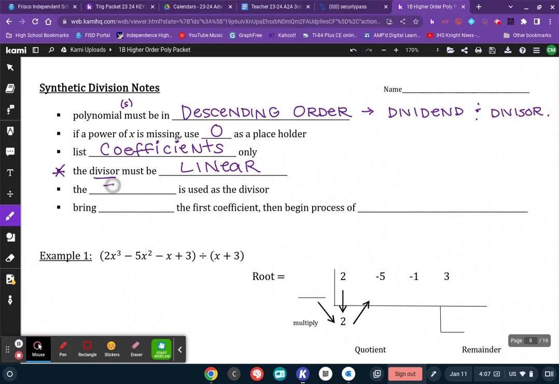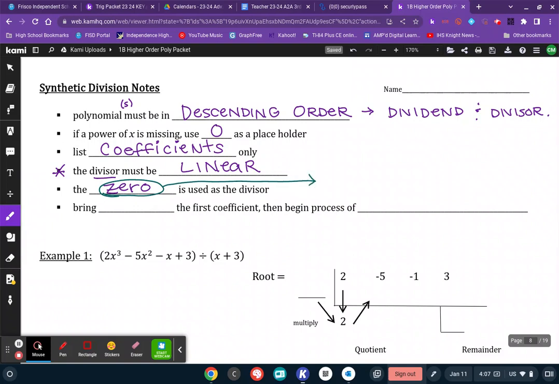The 0 or the root is used as the divisor. So if given a factor, we have to convert that into the 0 or the root. And just as a reminder, a 0 has other terms that mean the same thing.